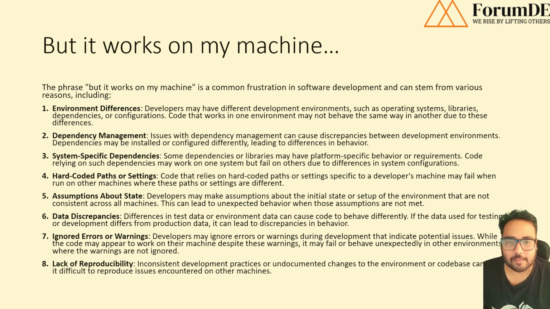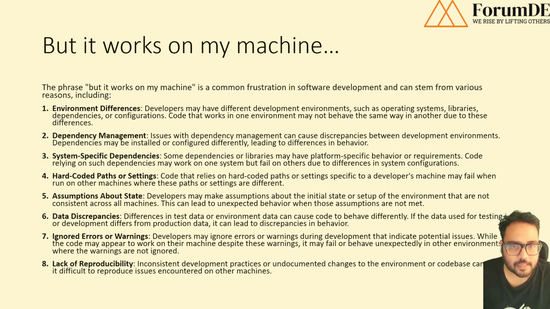Well, there can be environment differences, like the operating systems. When we talk about environment differences, we talk about differences in the development environment. So the operating system can be different. Maybe the libraries or the packages that are being used by the code might not be present.